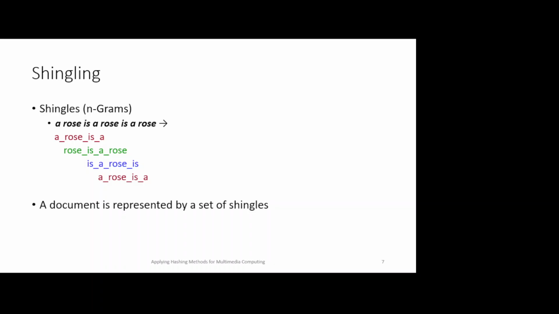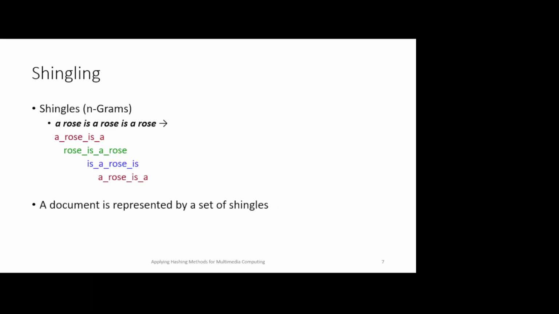First we put the sliding window at the first word. The first shingle is a rose is a, four words in the window. Then we move our sliding window forward to the next word.